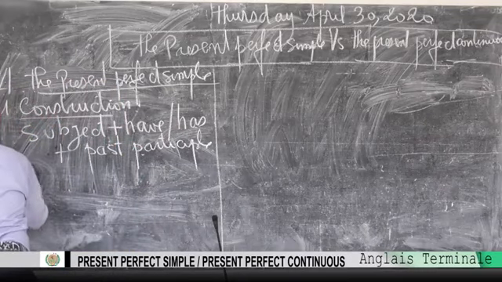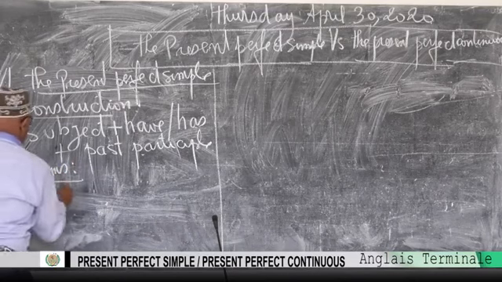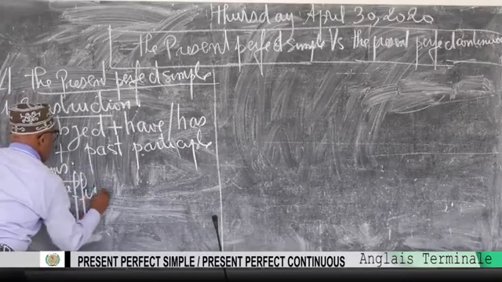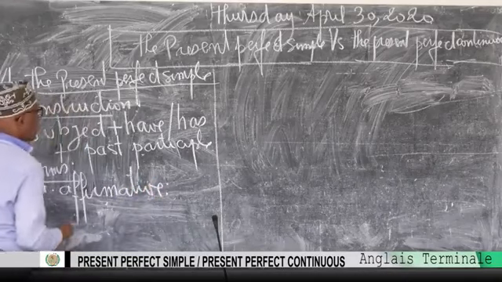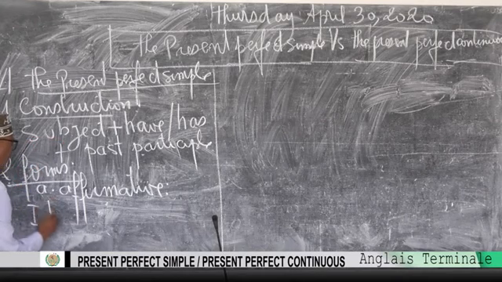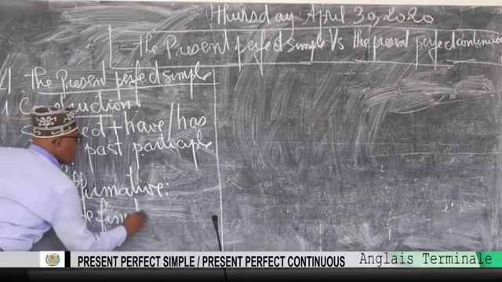Now let's move on to the forms. First, affirmative. Very easy. You just follow this. For example, you can say, I have finished.